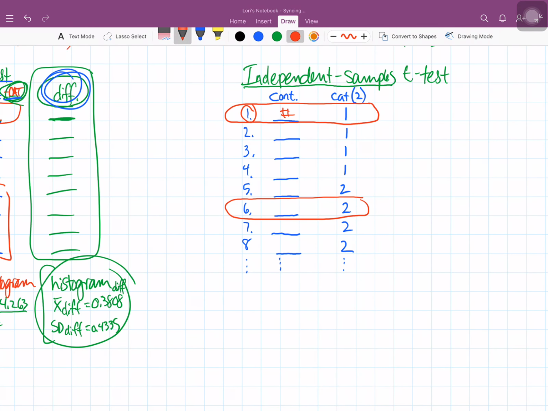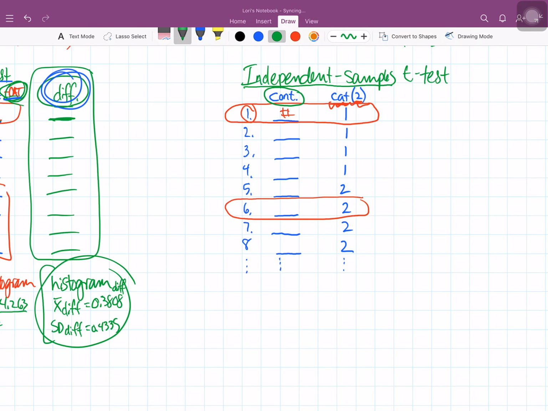Then we also have to let the computer know which group they're in. This second variable is a categorical variable, and that's what CAT stands for. I've specified that this is a categorical variable that has two categories.